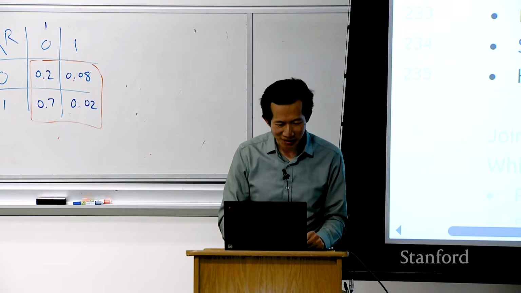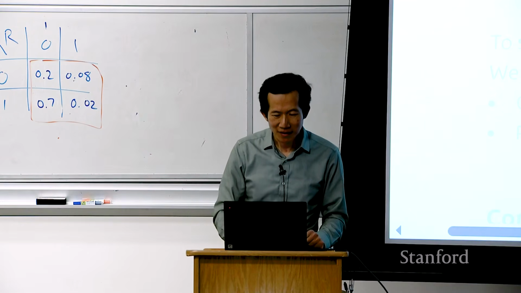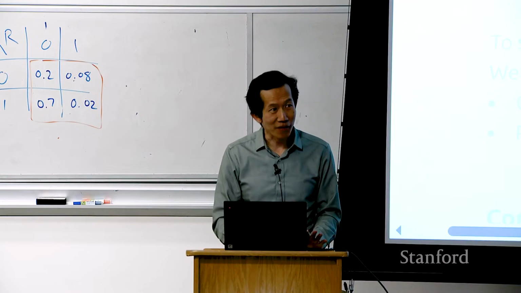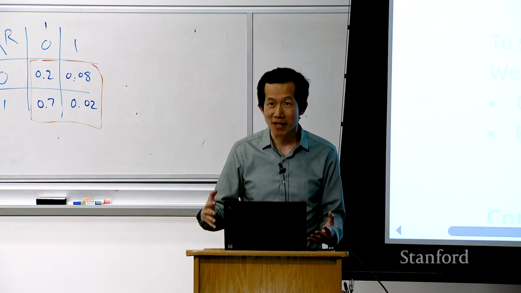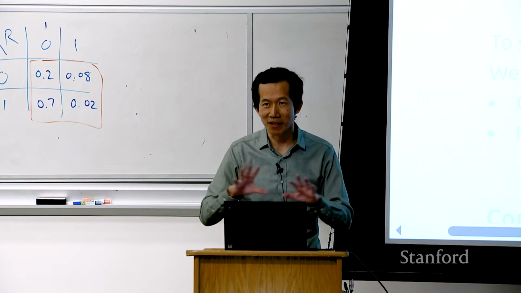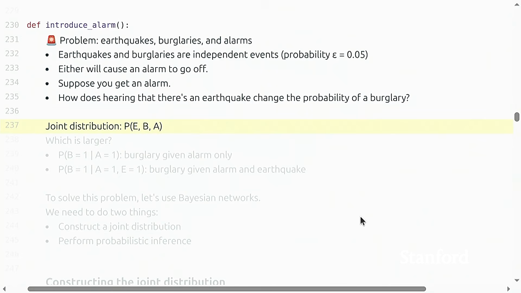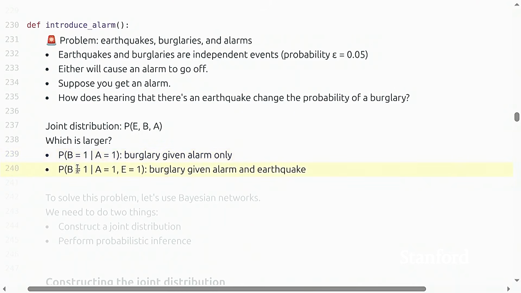So just hang tight. The way we're going to resolve this is to define a Bayesian network, and then everything will become crystal clear. So what we're going to do is define a joint distribution over earthquake, burglary, and alarm. And then what we want to know is which is larger, or whether they're the same: the probability of a burglary given the alarm only, or the probability of burglary given alarm and there's an earthquake.